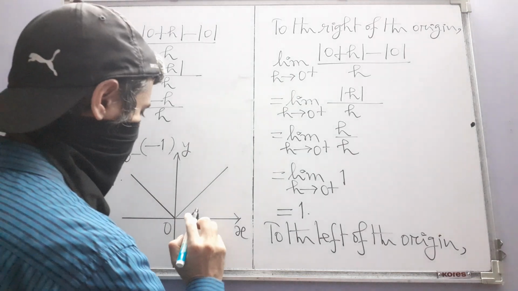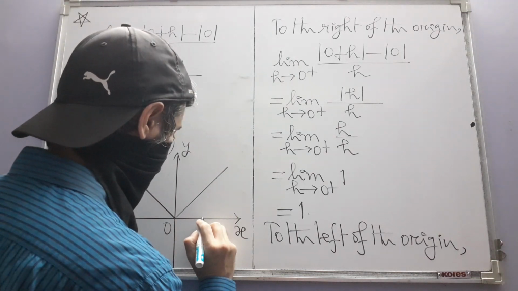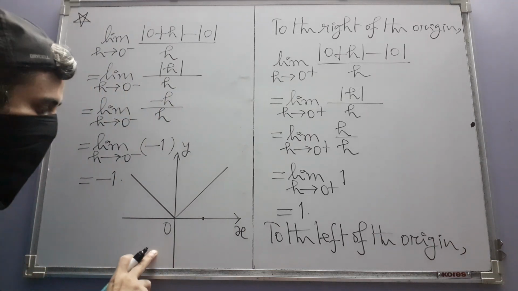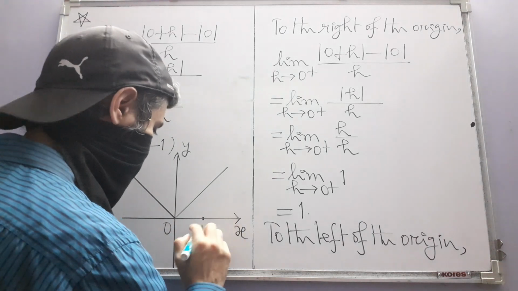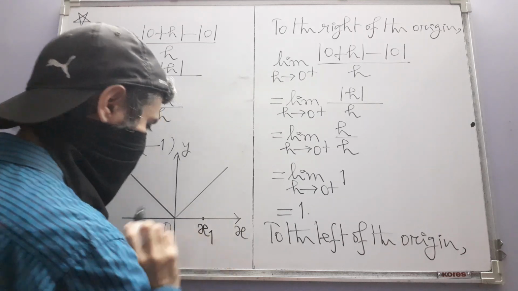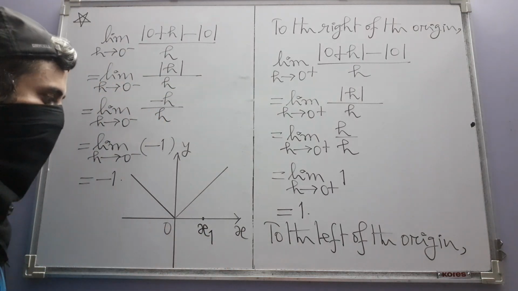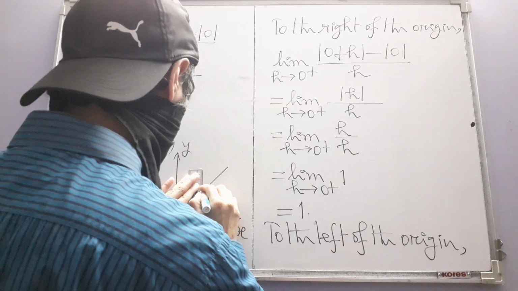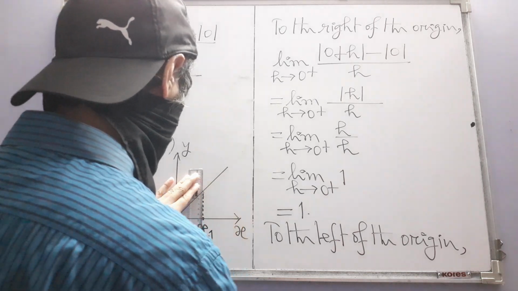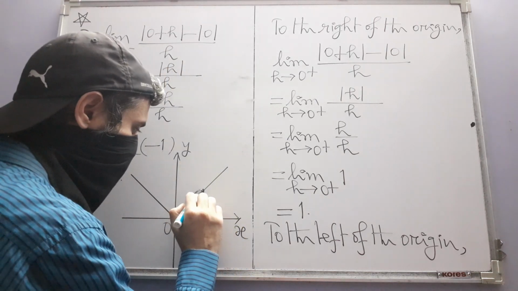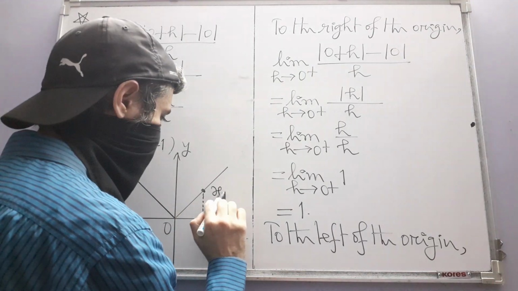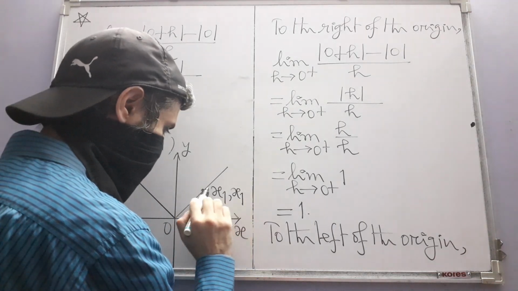Now, if you arbitrarily choose any point to the right of 0, that means any positive real number, say x1, at that point x1, or more specifically at this point, whose coordinates are x1, x1.